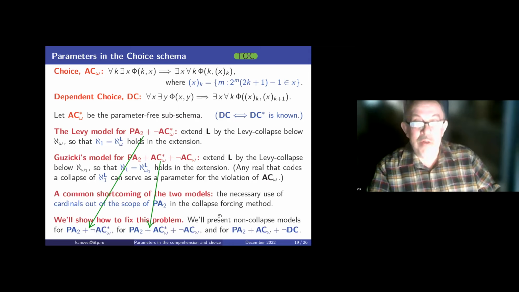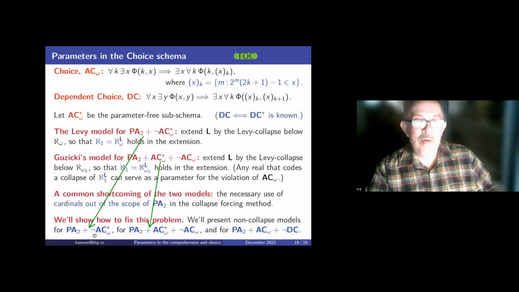But fortunately, we can define models of the same theories without cardinal collapse. Once again, with the help of the basic model which I considered in this talk.